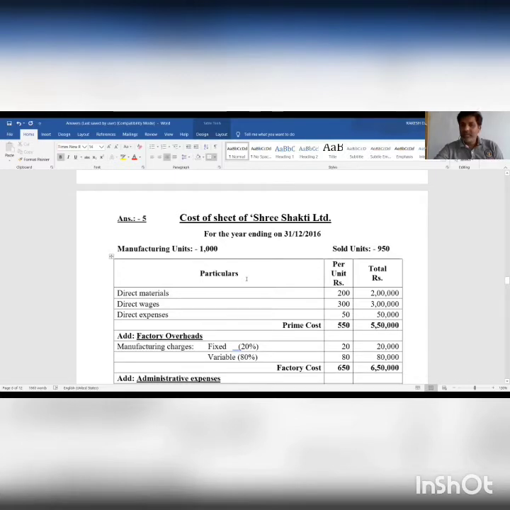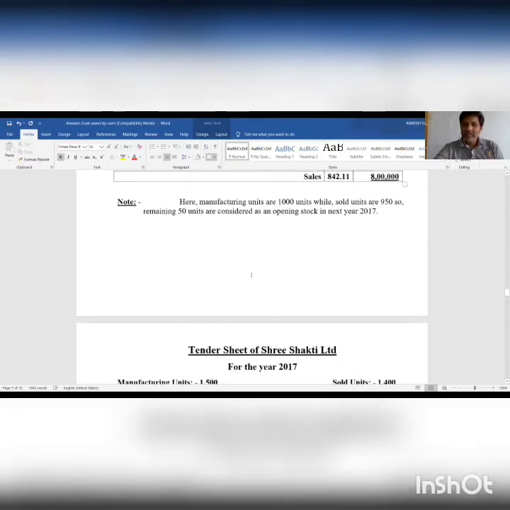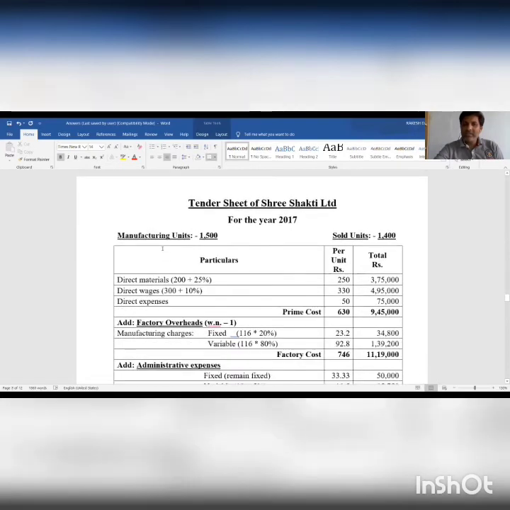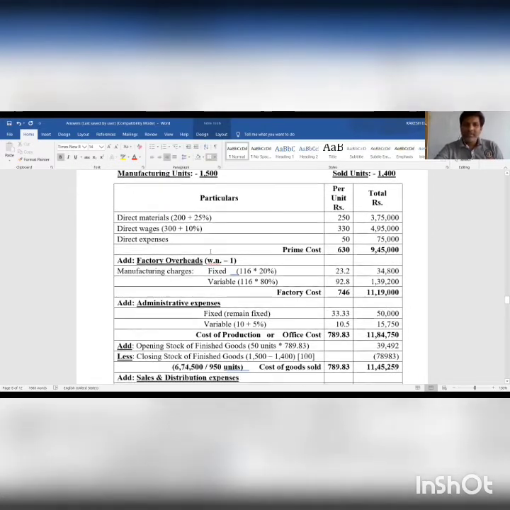of Sri Shakti Limited. Now the company estimates that in 2017 there are 1,500 manufacturing units and 1,400 sales units. So we have to prepare a tender sheet, or an estimated sheet, for 2017.